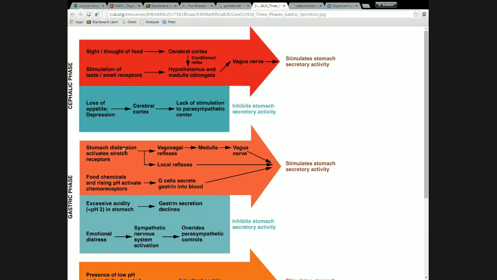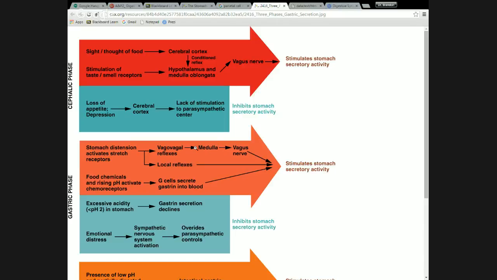So the stretch of those stomach receptors will initiate reflexes, really to talk about vagal. That's wrong. That should say vasovagal reflexes, right? No, I guess it's vagovagal. That's talking about axons going up the vagus nerve to the medulla and then back down the vagus nerve to increase things.